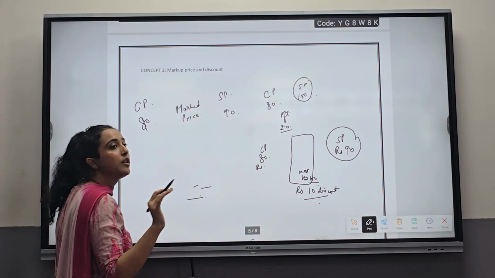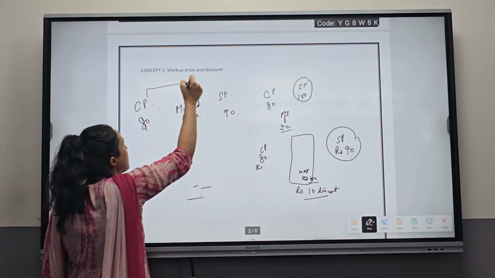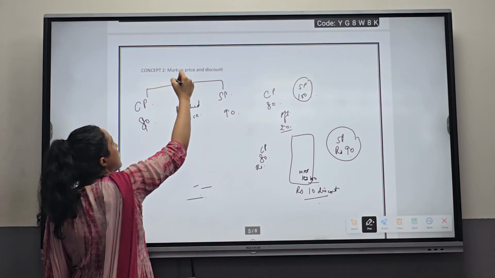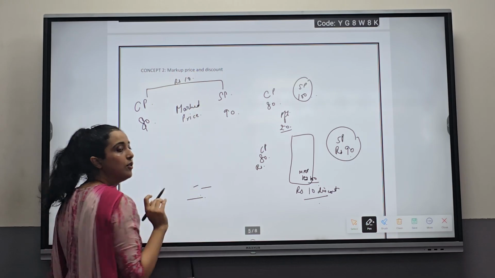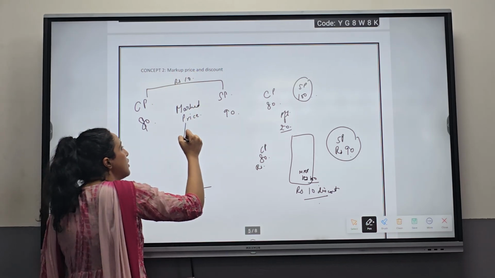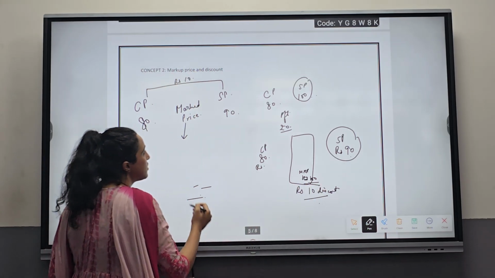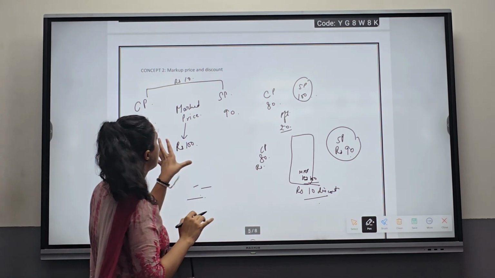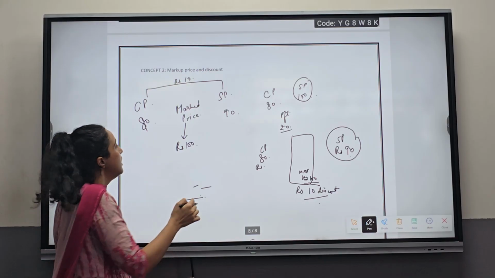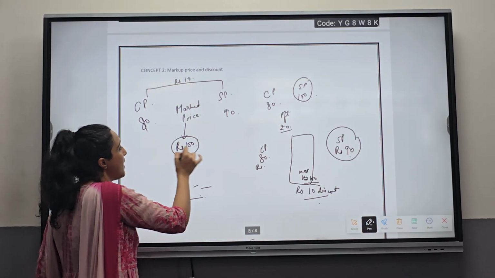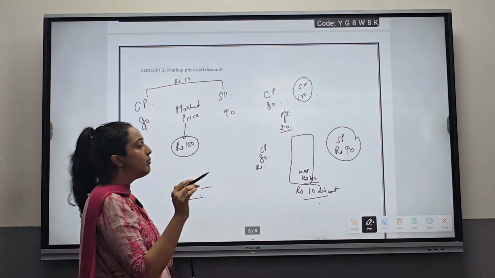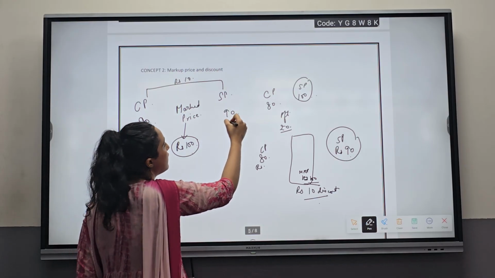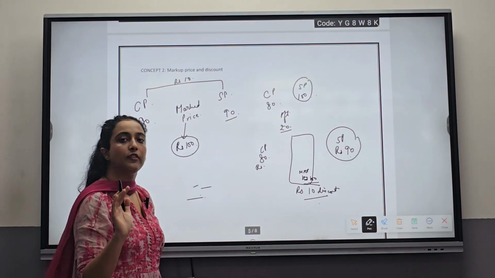Again, if I ask you what is the profit, it is always selling price minus cost price. This is rupees 10 of profit here. Okay, but there was also a marked price in this transaction, that was rupees 100. This was written on the notebook, MRP. So maximum retail price was 100, but you gave a discount of 10 rupees, so you got a selling price of 90.